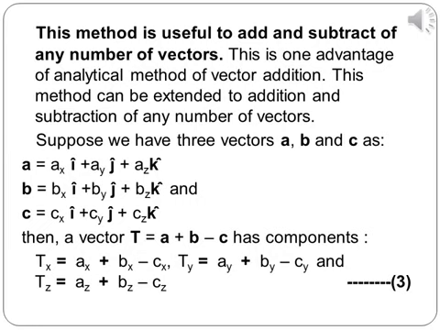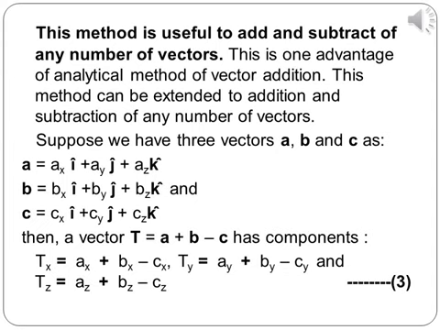At first, the resultant vector T should be written as vector A plus vector B minus vector C. Then, this expression should be rearranged and regrouped as vector T is equal to (Ax plus Bx minus Cx) i cap plus (Ay plus By minus Cy) j cap plus (Az plus Bz minus Cz) k cap.